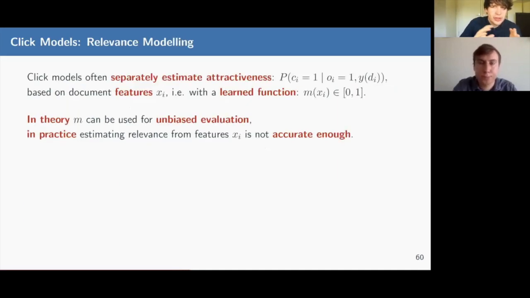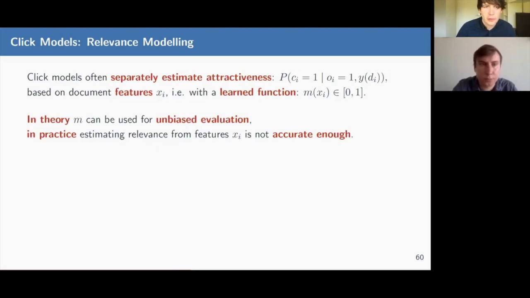To understand what the real difference is, since so far I've talked about the similarities, we can see where the differences are if we try to use a click model for evaluation. Often a click model needs to estimate attractiveness, how likely someone is to click on something if they've observed it. And often they do this using features.